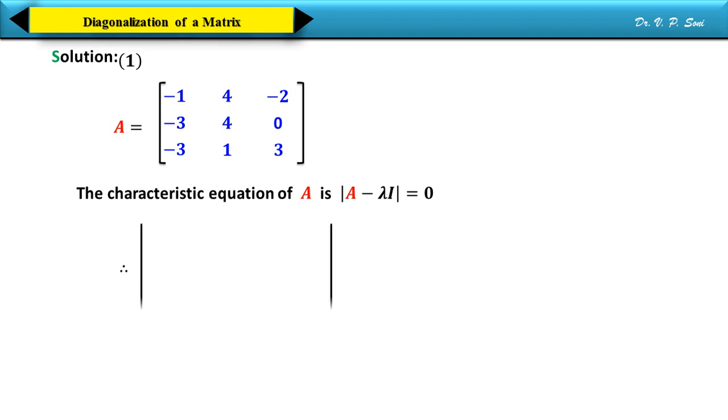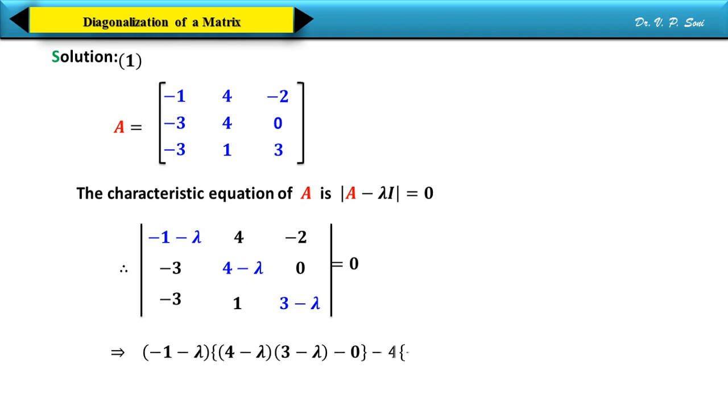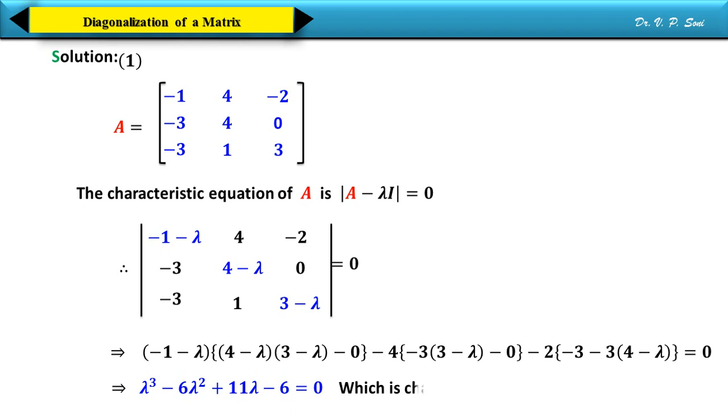Therefore determinant whose first row -1 minus lambda, 4, -2, second row -3, 4 minus lambda, 0, third row -3, 1, 3 minus lambda equal to 0. Now find the value of determinant and put equal to 0. Then we get lambda cube minus 6 lambda square plus 11 lambda minus 6 equal to 0, which is the characteristic equation of the matrix A.